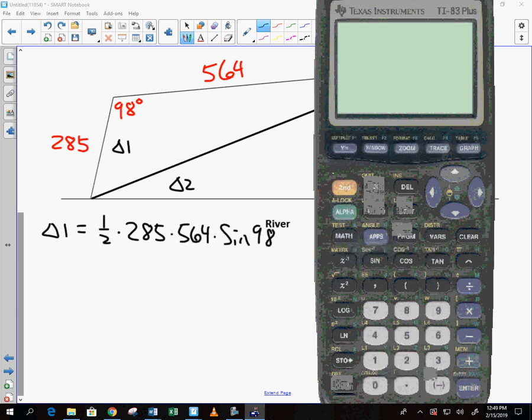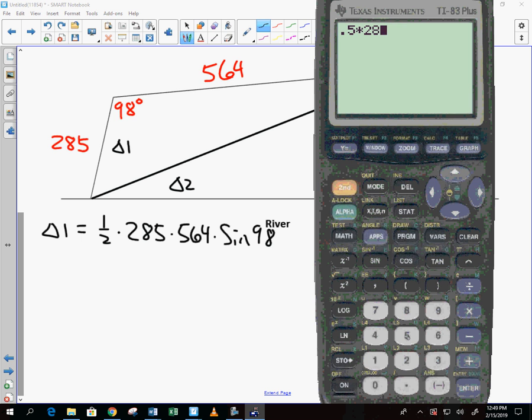So far, the problem looks pretty easy, doesn't it? $79,587.84 feet squared.